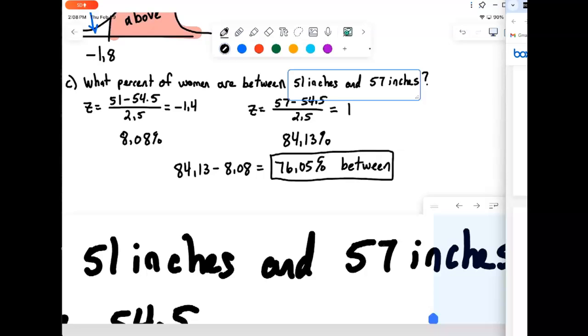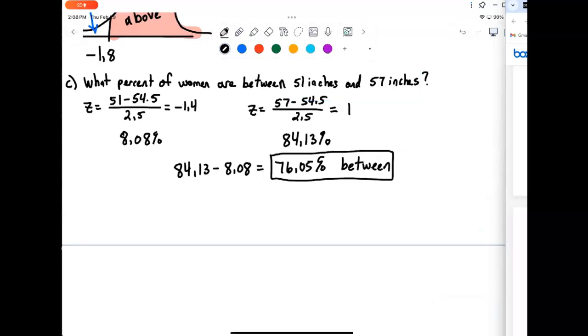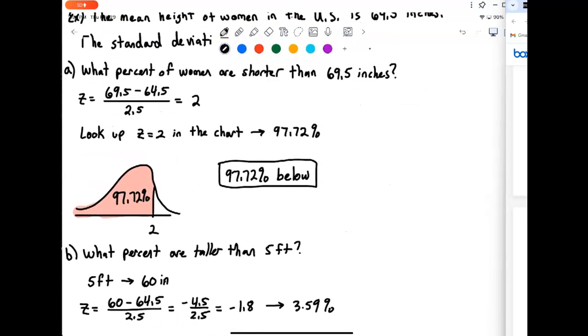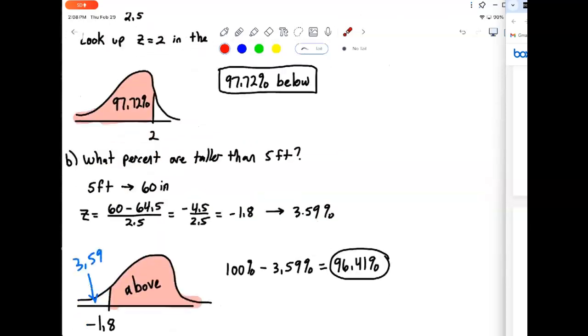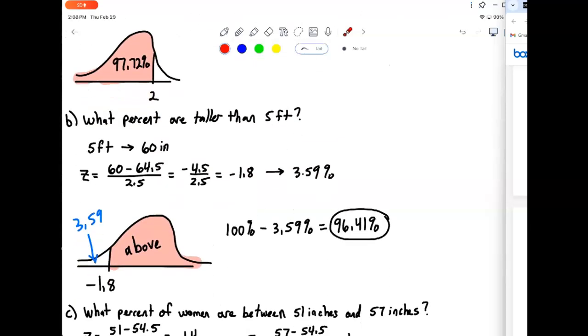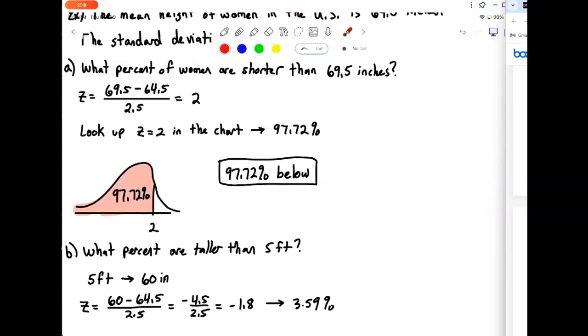So just to recap again, for every problem, we take our data value, compute the z-score for that data value, and then look it up in the chart. And then what we do depends on the problem.